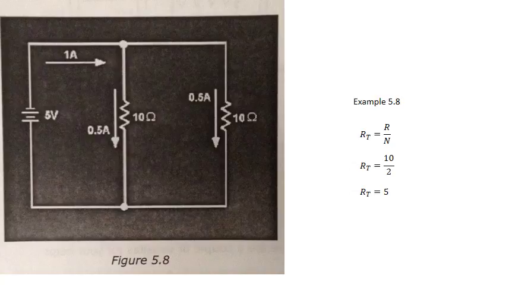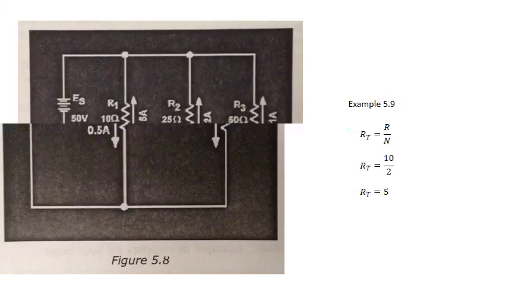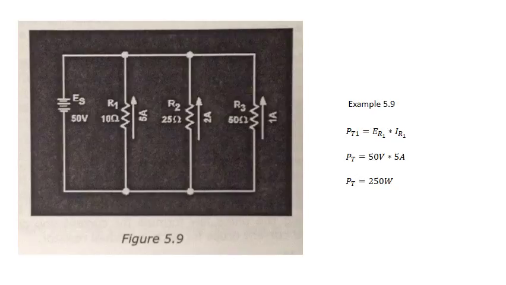Power in a parallel circuit is the total of each branch circuit power added together. The formula to find power in each branch is PT1 equals E R1 times I R1. Referring to figure 5.9, we can plug in the values.